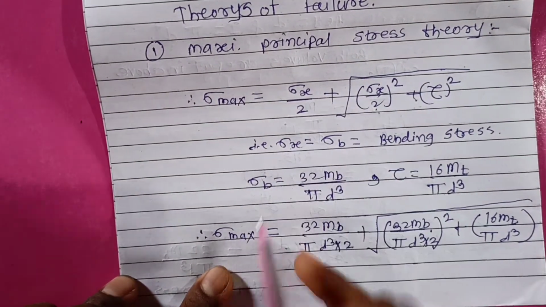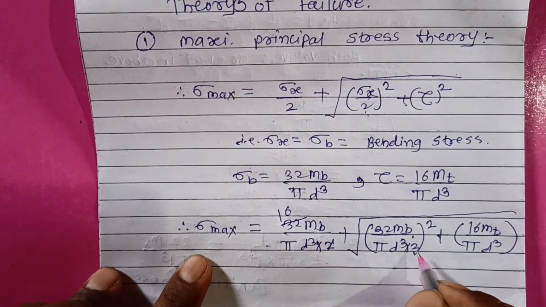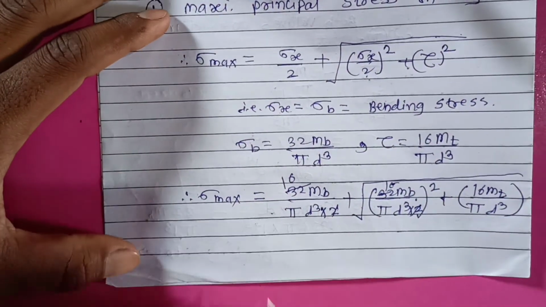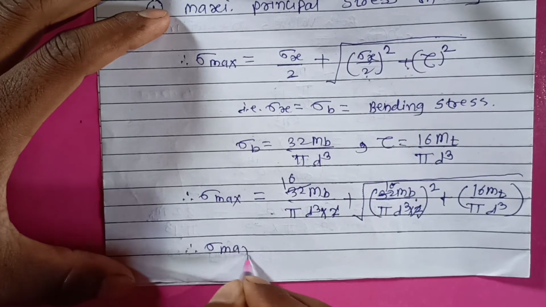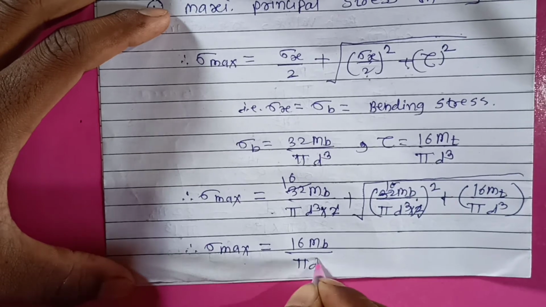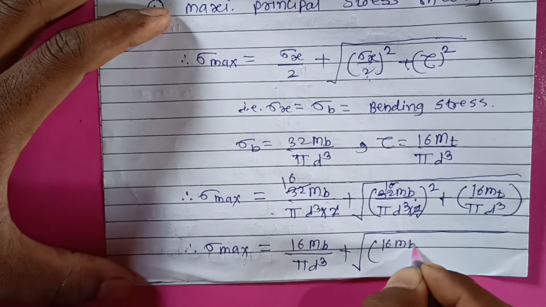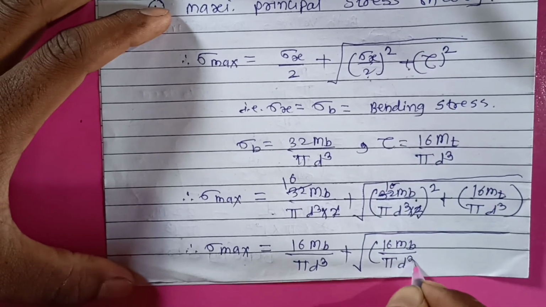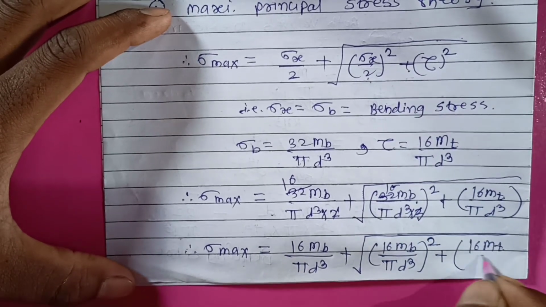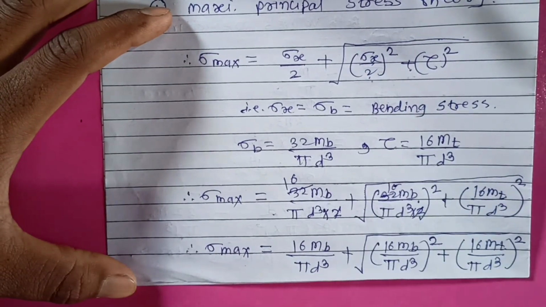Because of the division by 2 and this 16 and this also 16, the formula is rewritten: sigma max is equal to 16 mb divided by pi d cube plus root of (16 mb divided by pi d cube) bracket square plus (16 mt divided by pi d cube) bracket square.